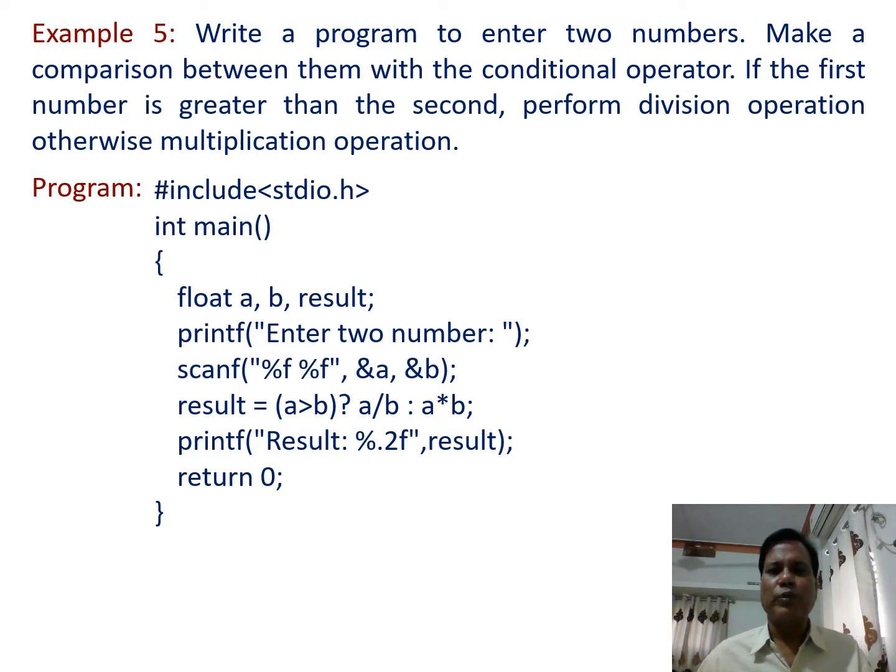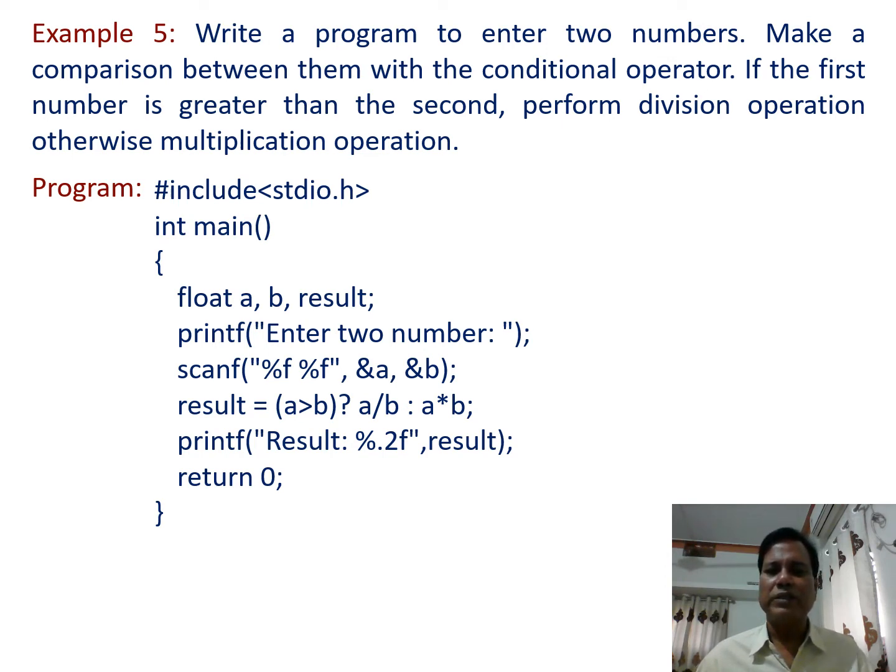In this program, we declare the three variables a, b and result of float type. Then using the printf function, we print the message "Enter two numbers". The user enters the two numbers, which are taken in by the scanf function and stored in the variables a and b.